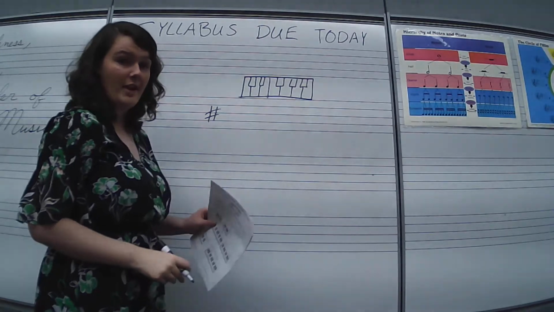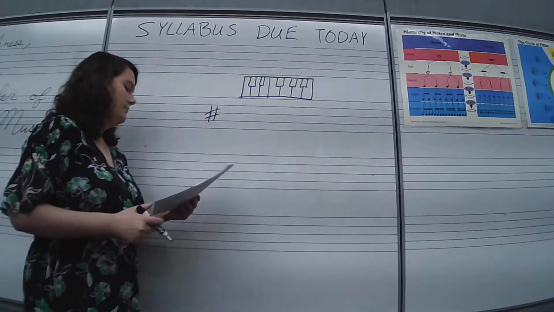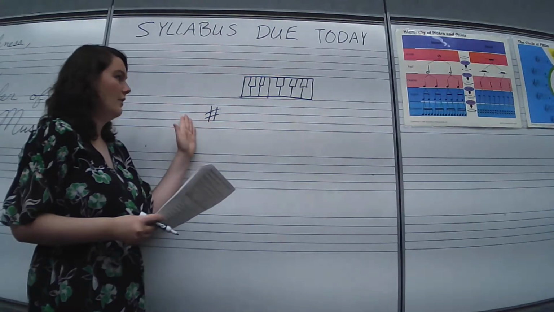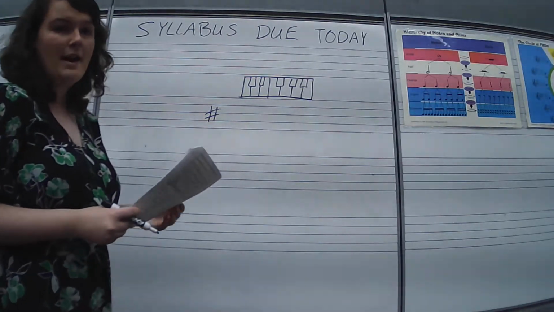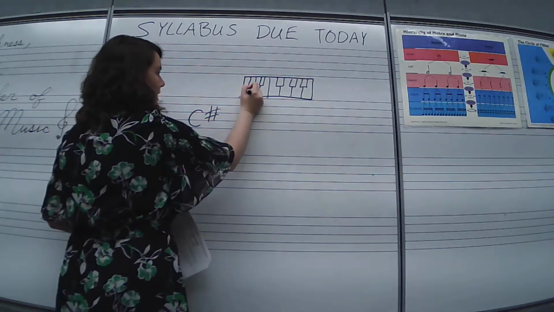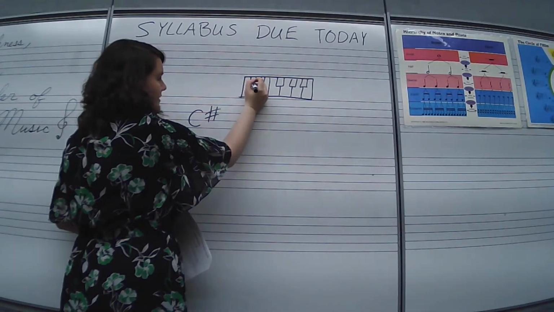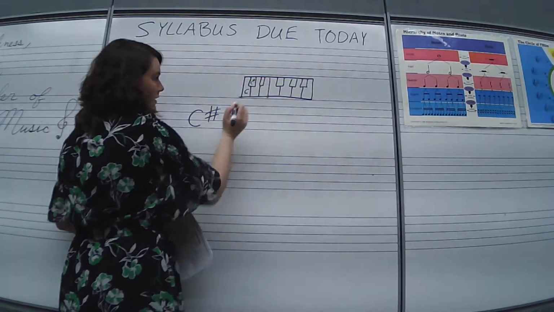No, it's not a hashtag. This means the note goes a half step higher than what it is. So, for example, if it is a C sharp, here's our regular C. We're going to go 1/2 step here. Right here is our C sharp.